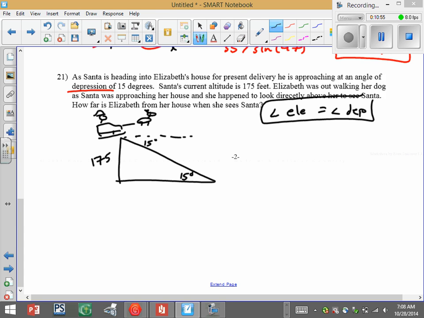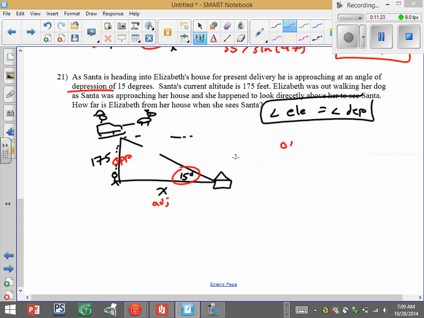And okay, and so Elizabeth was out walking her dog as Santa was approaching the house, and she happened to look directly above her. So here is Elizabeth, and she looks up. Oh, there's Santa. So how far is she from her house? So her house is over here at the other side of the triangle. So that's the x that we're after. So we'll clean this up in just a minute. So circle the angle. There's opposite. There's adjacent.